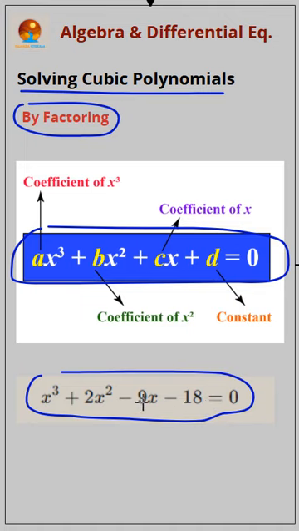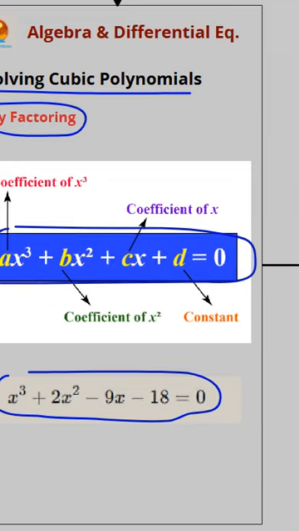We will try to solve these types of cubic polynomials by factoring. There are other ways, like the factor theorem and complex roots, but today we will study just factoring.